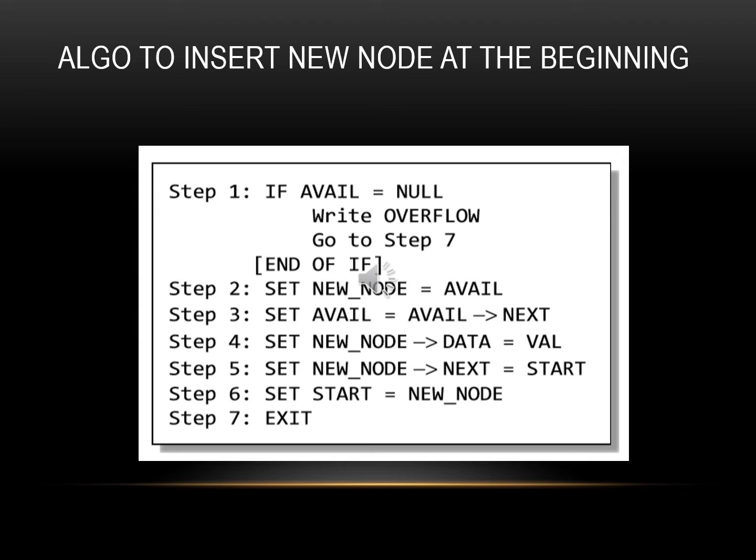Now the point to be noted is start equal to new node comes later and new node next equal to start comes before it. Why is it so? Because if we join start with the new node first, then the rest of the linked list we will lose. So we will have to join the new node with the linked list first, and then we have to put the address of the new node in start.